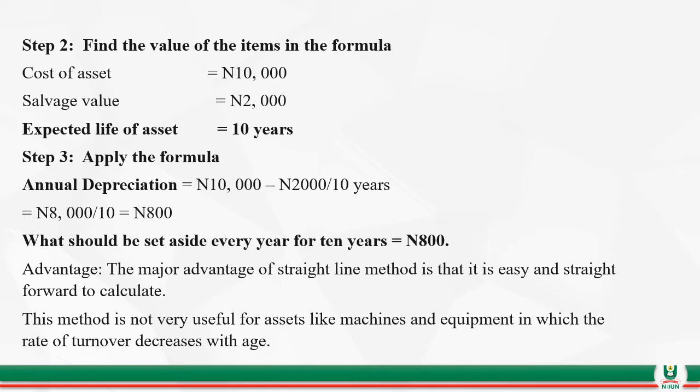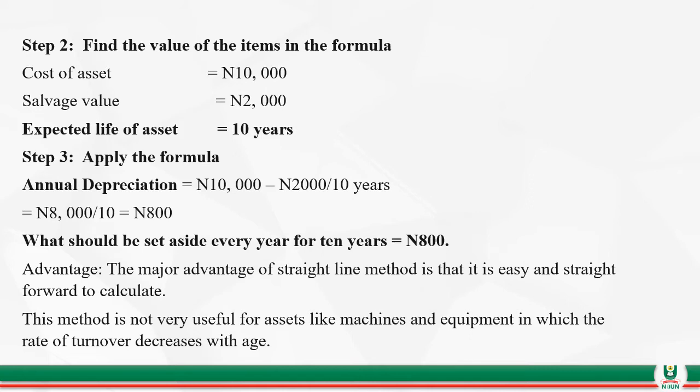That is the number of years, the expected life of that asset. So this gives us 8,000 over 10, which is 800. So this is the annual depreciation.